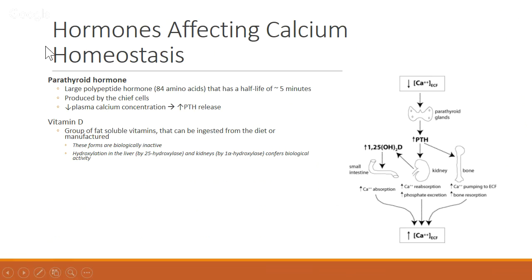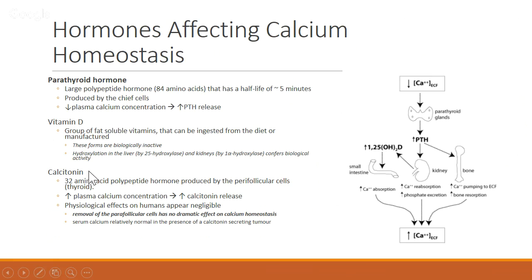There's parathyroid hormone, which increases calcium levels. There's vitamin D, which increases calcium levels as well. And there's calcitonin, which is supposed to decrease calcium levels, but in the normal human it has no effect. But you can give calcitonin as a treatment, and if you give it in high amounts, it can lower calcium concentration.